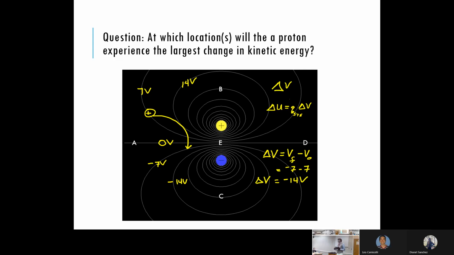What should I write for the change in potential energy? Incidentally, I said it was a proton. Is that times the charge? It's that times the charge. It's the change in electric potential, delta V. So I'll put -14 here, times the charge of the proton, e.